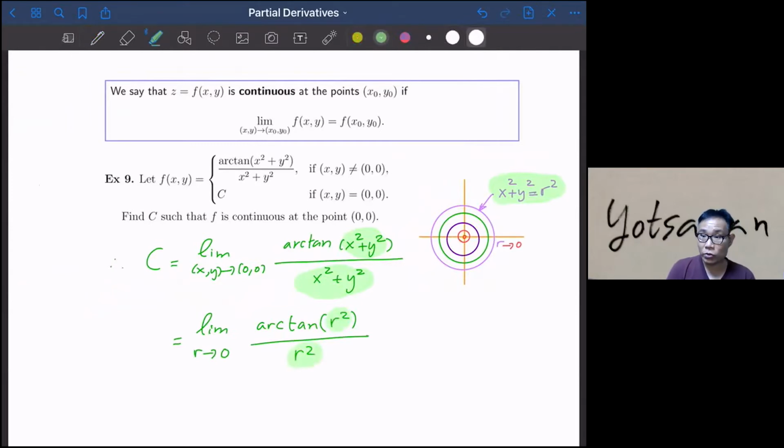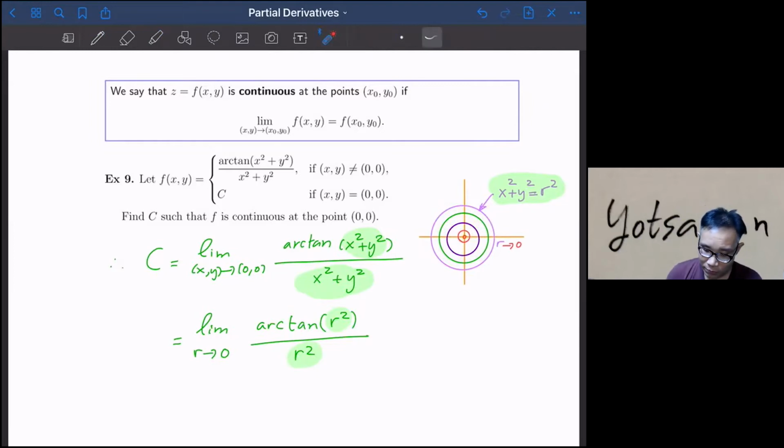I change two variables into one variable, and we can do this because you are approaching (0,0) with smaller and smaller circles, like squeezing the pulp of the fruit down to the point (0,0).